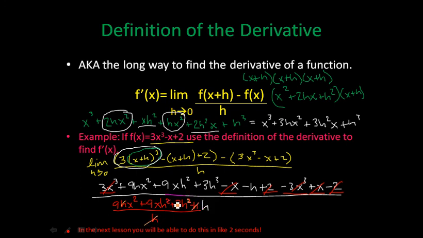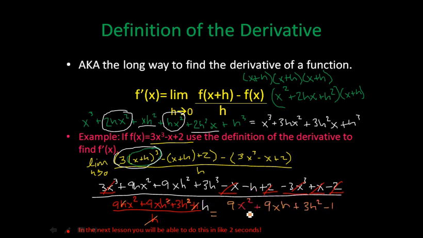So we get 9x squared plus 9xh, plus 3h squared minus 1, and there's nothing in the denominator now.